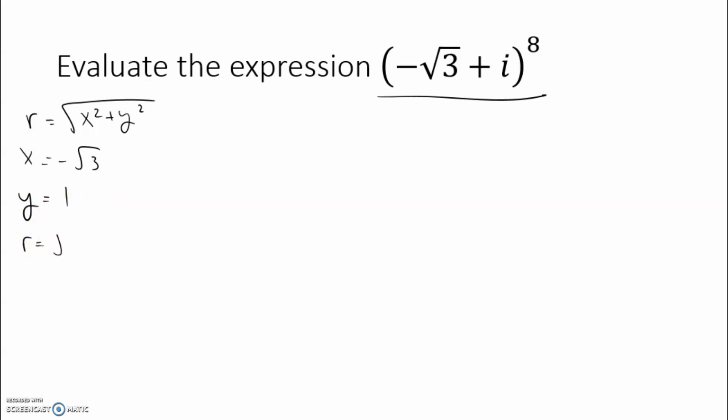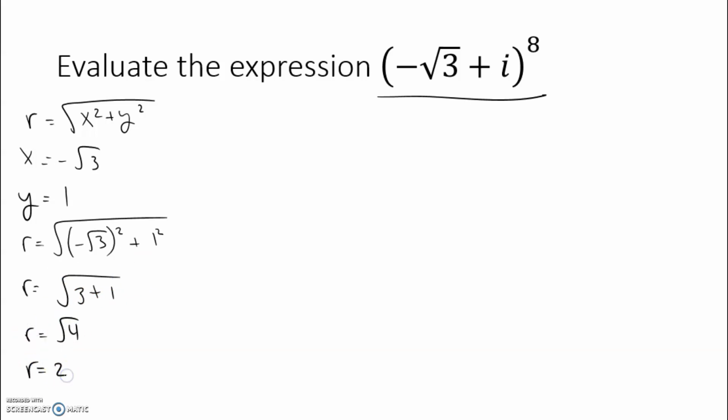So r is going to be the square root of negative square root of 3 squared, plus 1 squared. So this will be 3 plus 1, so that would be square root of 4, which would be 2. Then we're going to find our argument, or the theta.